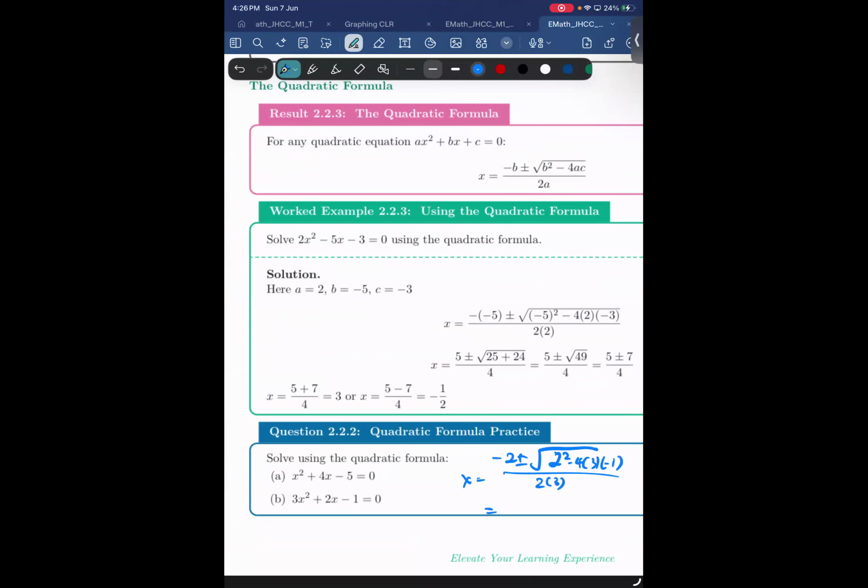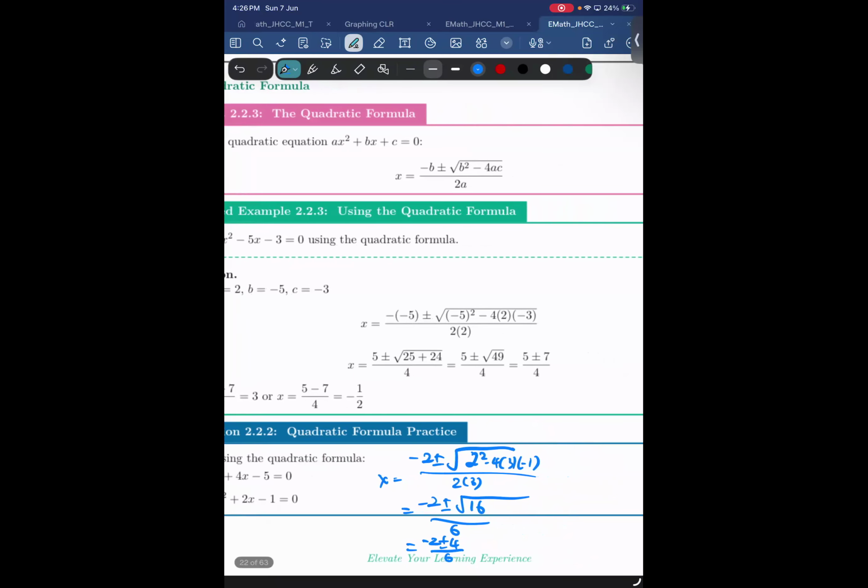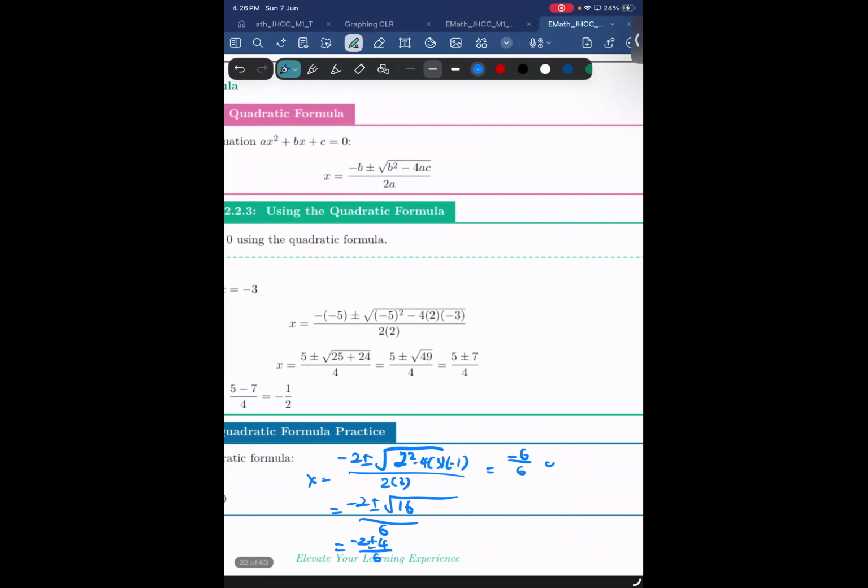So it's minus 2 plus minus square root of 4 plus 12, which is 16, over 6. The square root of 16 is 4, so 2 plus minus 4 over 6. So it's either minus 6 over 6 or 2 over 6, so it's minus 1 or 1/3.